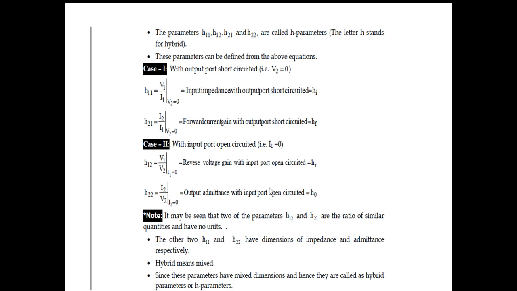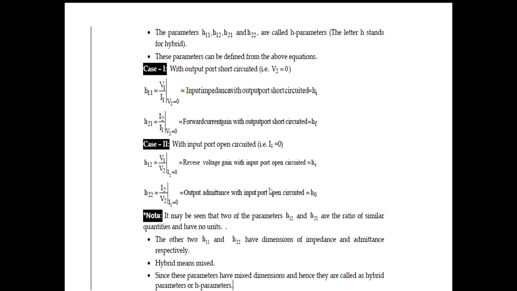This is the input impedance. Now H11 we can write as HI, where I stands for input. H is for impedance because this is the ratio of voltage to current at the input side, V1 by I1. So H11 is called HI, the input impedance.